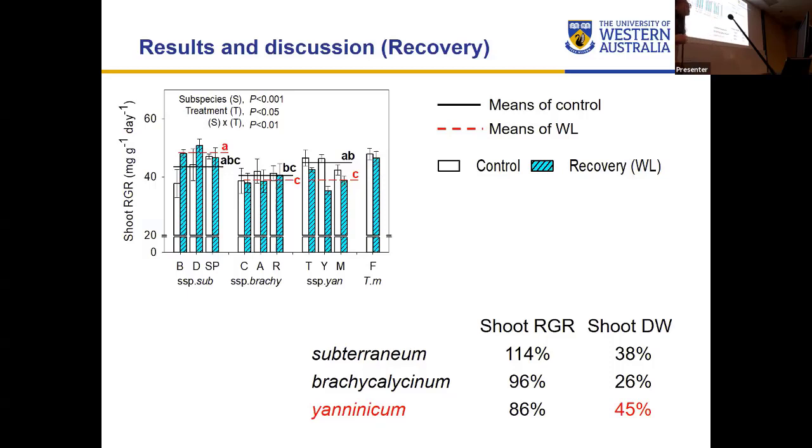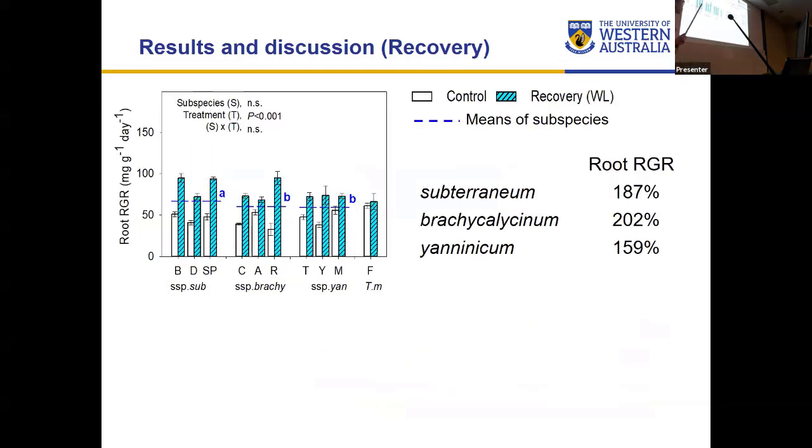This could be explained as the high growth under the waterlogging condition of subspecies Aninicum could require extensive reserves such as carbohydrates and energy, which in consequence affected shoot growth negatively in the subsequent recovery stage.